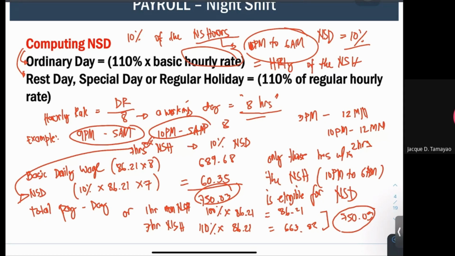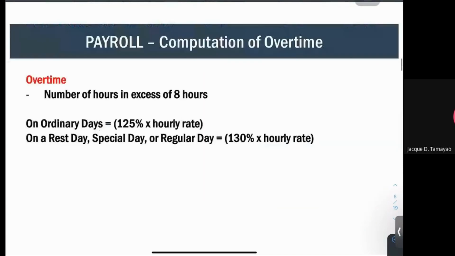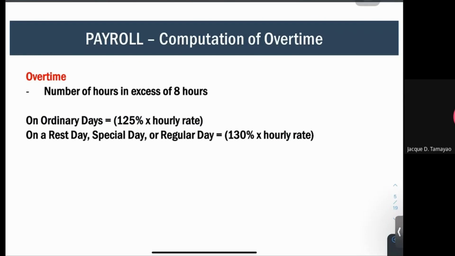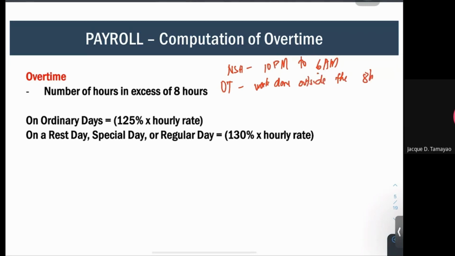You will only get the time within the night shift hours, which is 10 p.m. to 6 a.m. Okay? Next, we go to your overtime. If a night shift hour is an hour or a work hour within 10 p.m. to 6 a.m., an overtime is a work done outside the normal 8 hours.